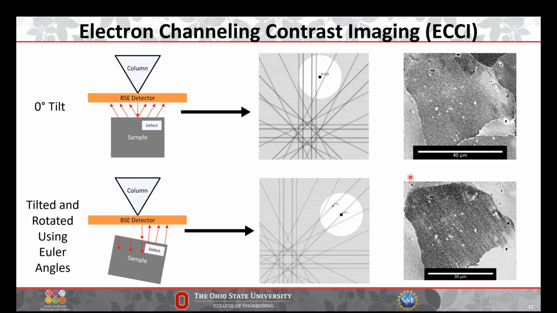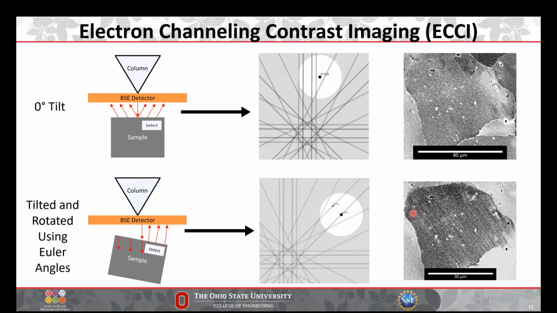right that shows defects. And what's going on here basically is in this condition, we're channeling electrons through the sample. Imagine you're shooting the electron and it's going just between some planes and just down into the sample. It's being absorbed and not coming back to the detector.